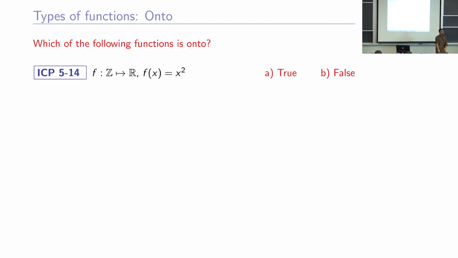f of x equals x squared, from integers to reals. Is this onto? What would it mean for this function to be onto? Please, let's wait. If you're not talking to me, I'm going to ask you a question. What does it mean for this function to be onto?